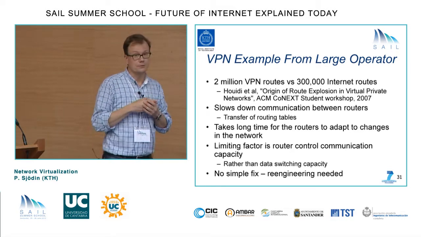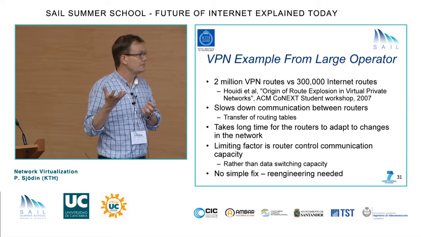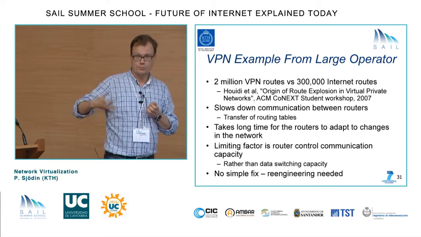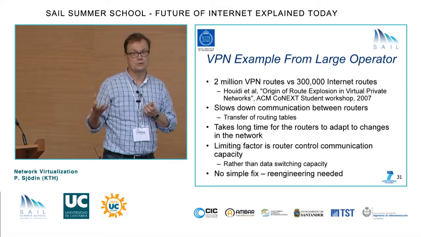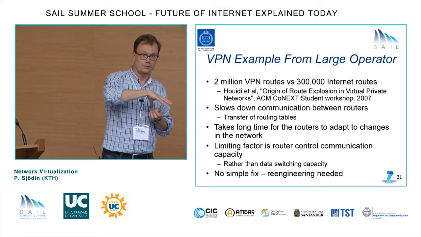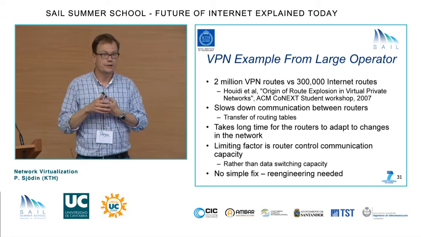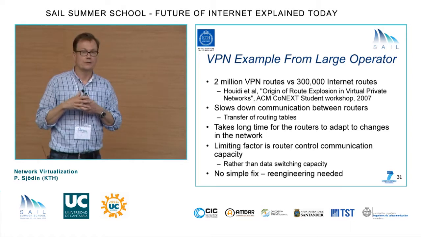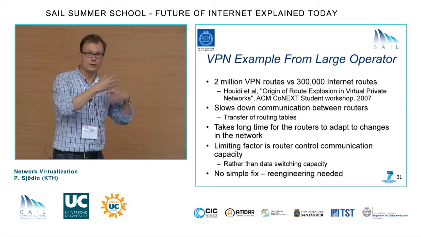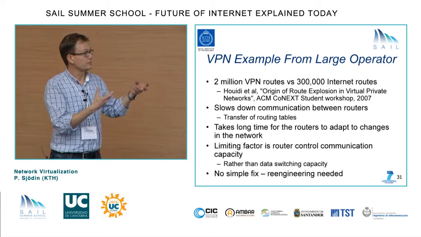And part of this comes from the fact that VPN is something that has been built on top of existing protocols. It's a functionality that has been added to existing protocols, in particular to BGP, rather than engineering protocols from the beginning, saying that this is the best way of supporting VPNs. We found that there are existing protocols that we can modify a little bit to include support for this functionality as well.